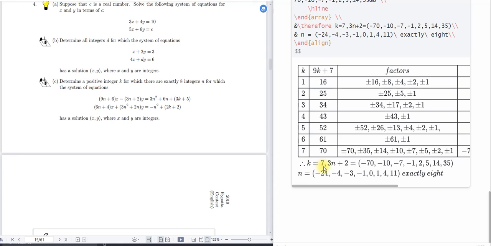For k equals 7, 3n plus 2 equals minus 17, minus 10, minus 7, minus 1, and 2, 5, 14, 35. n equals minus 7, minus 4, minus 3, minus 1, 0, 1, 4, 11. Exactly 8. Now we have solved this problem.